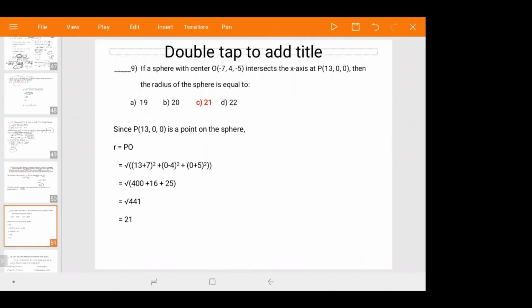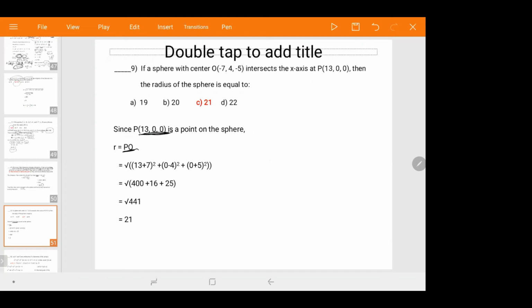And question number 9. If a sphere with center -7, 4, -5 intersects the x-axis at 13, 0, 0, then the radius of this sphere is blank. Now, this point, 13, 0, 0, is a point on our sphere. Therefore, the distance between this point and the center of the sphere will give us the radius.